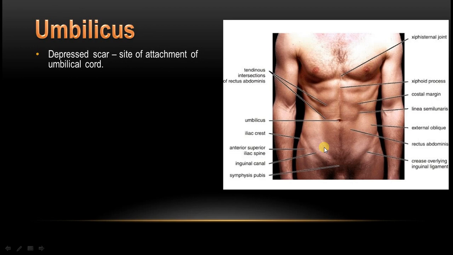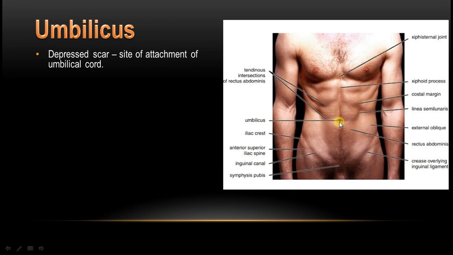In elderly persons, the umbilicus is again at a lower level because the tone of the muscles is lost, and when there is laxity of the muscles, naturally the umbilical level might go down. And based on the belly fat and all those things, the position of the umbilicus might vary.